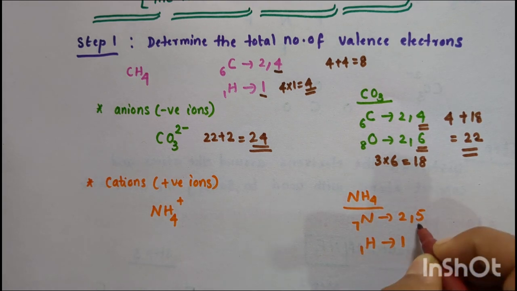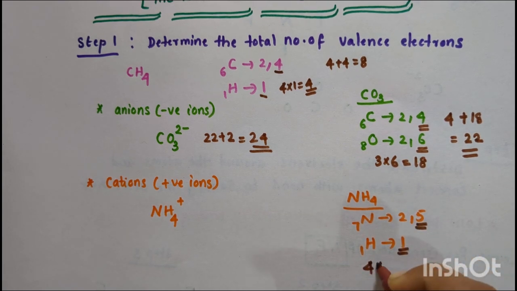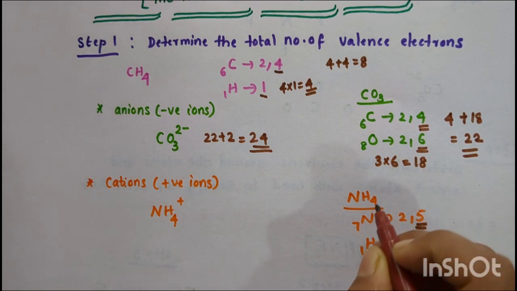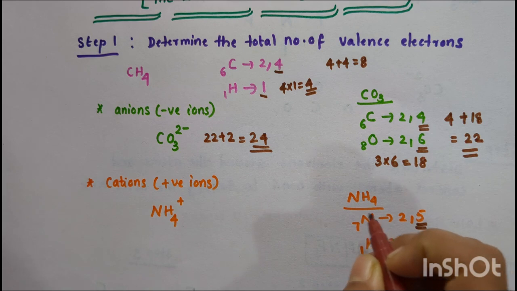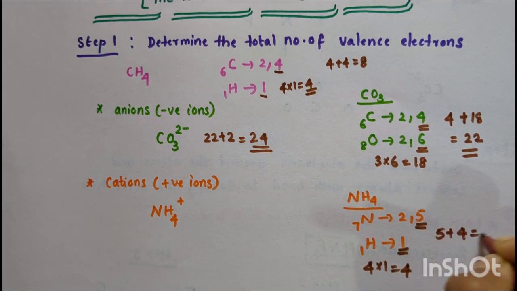From the nitrogen atom, we will have 5 valence electrons. From one hydrogen atom, we will have 1 valence electron, so from 4 hydrogen atoms we will have 4 into 1, which is equal to 4 valence electrons. So the total number of valence electrons for the neutral NH4 molecule will be 5 plus 4, which is equal to 9.